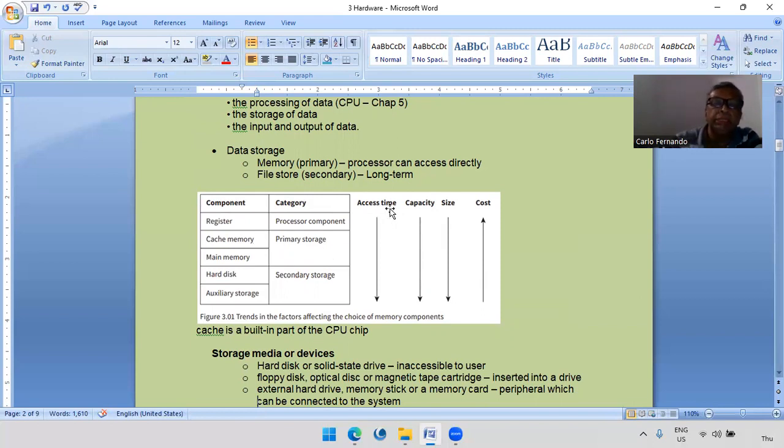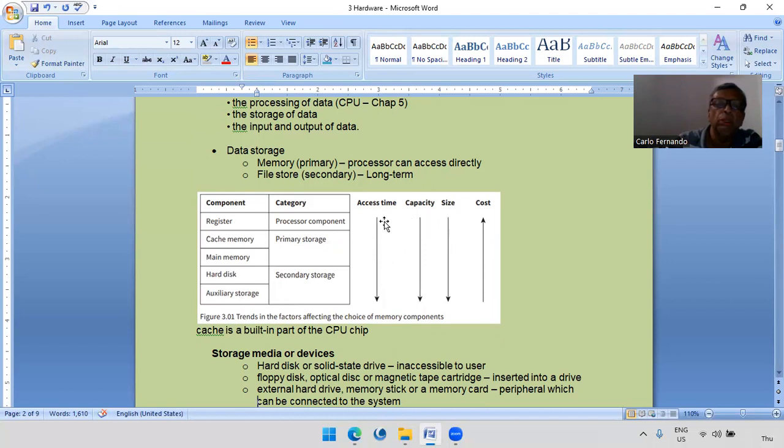And that access time is like the fastest, the highest speed or the shortest access time. Shortest access time is register. Capacity is also very small here. Register is very small, going up with these other items.